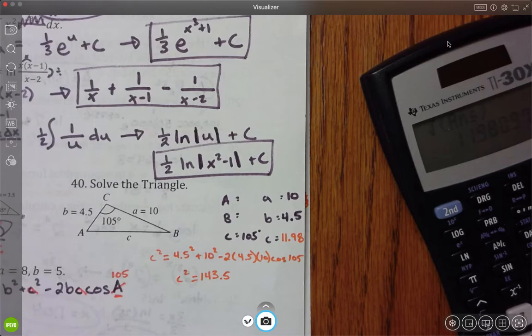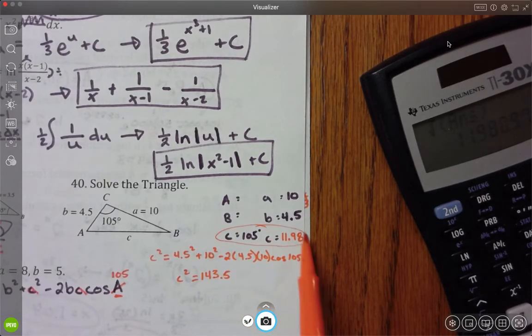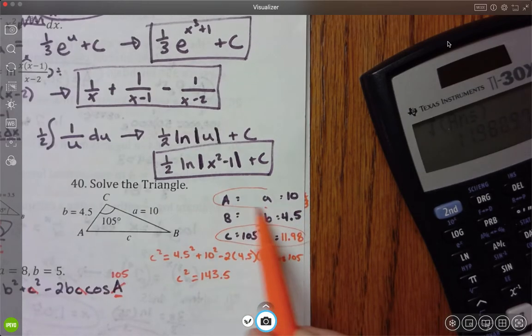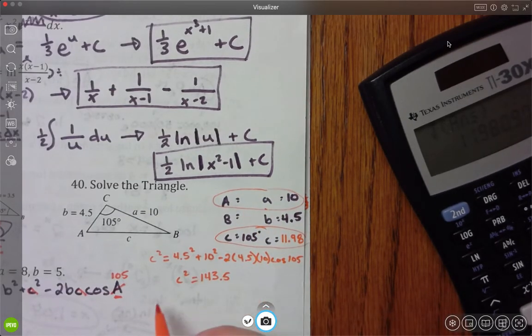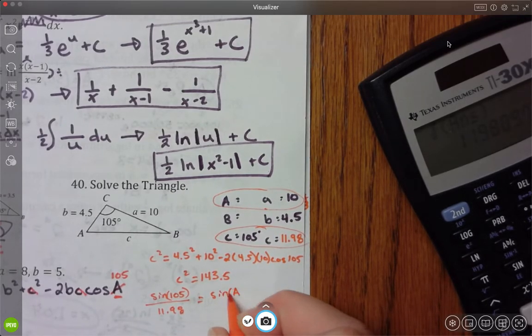Then what we can do is use the law of sines with this guy, and sure, let's do A next. So law of sines: sine of 105 over 11.98 equals sine of capital A over 10.